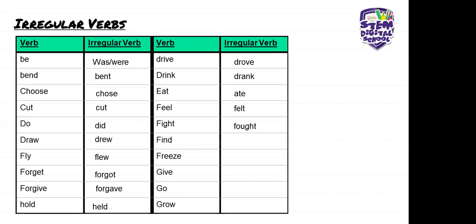Today I find my wallet. Yesterday I found. Found. Okay. Today I freeze. Yesterday I froze. Yes. Today I give. Yesterday I gave. Gave. Yes, that's correct. Thank you.